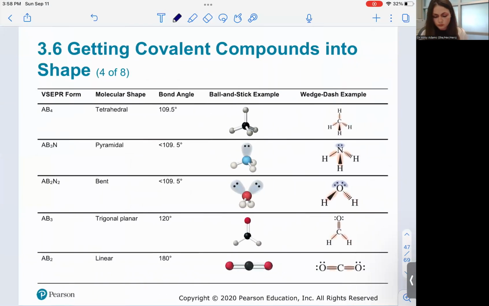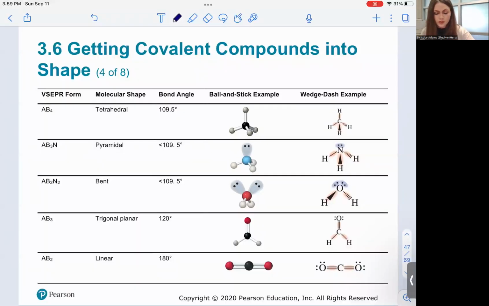Okay, so I'll show you what I mean. Here we have this diagram which shows us molecular shape, bond angle, and different examples of how you can think about or draw out those compounds.